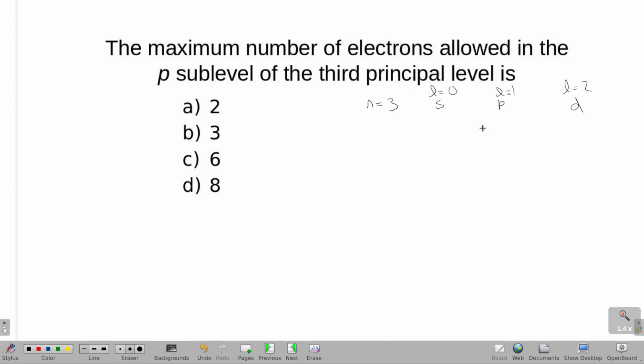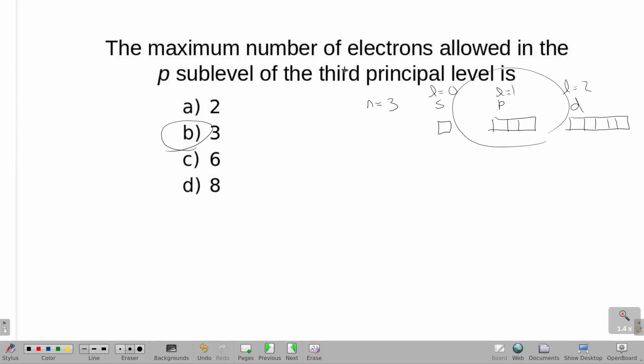But remember how we had those weird orientations? There is only 1 of these, but there are 3 of these. There are 5 of this. But this question wants to know how many p orbitals. 3. Now the nice thing is, p's, they're always 3's. So this answer is either 3 or it's none.